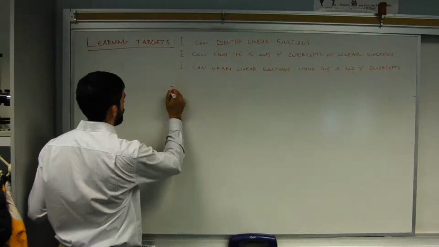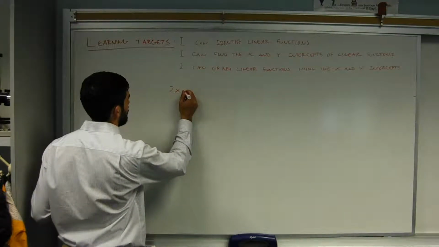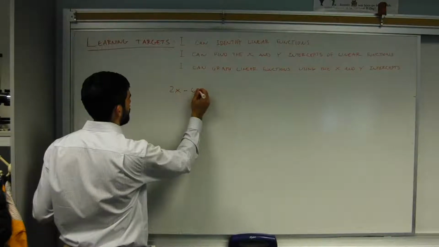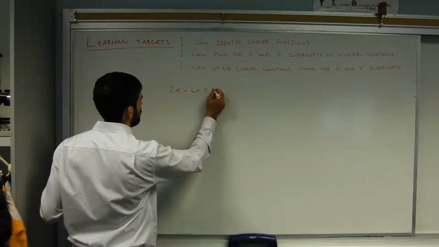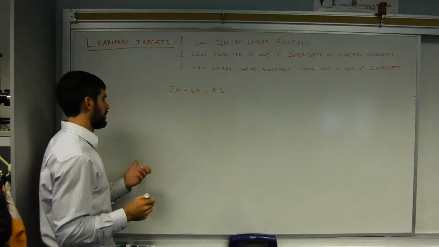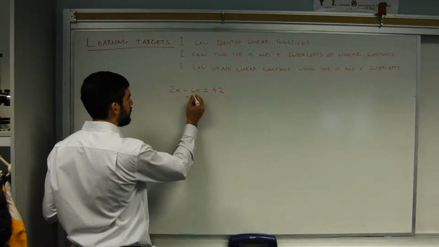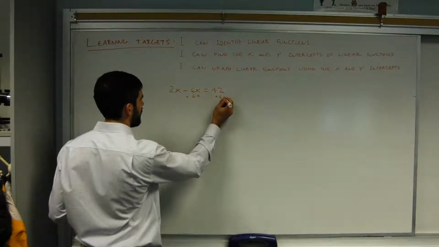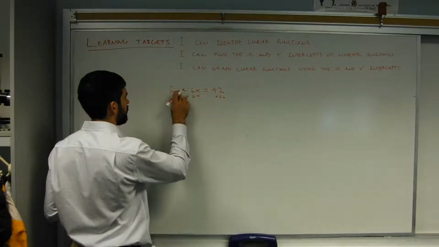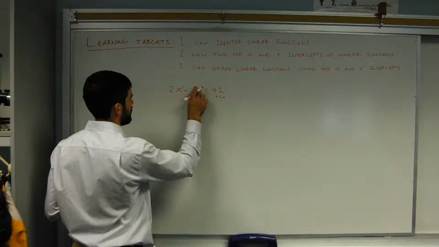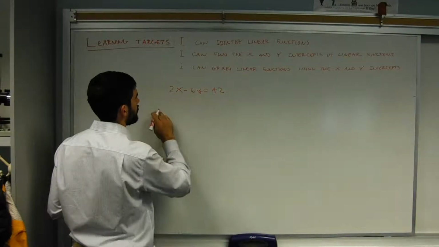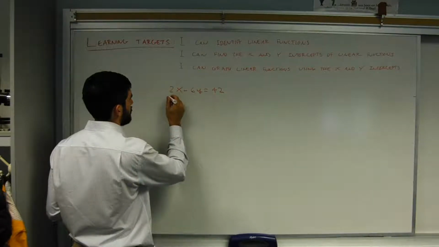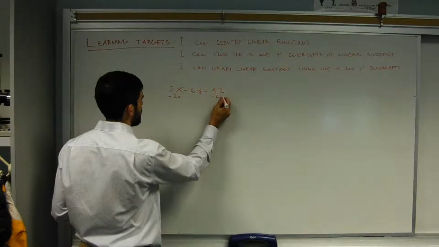For example, if we have 2x minus 6y is equal to 42, in order to put this into that form, we could subtract 2x from each side.